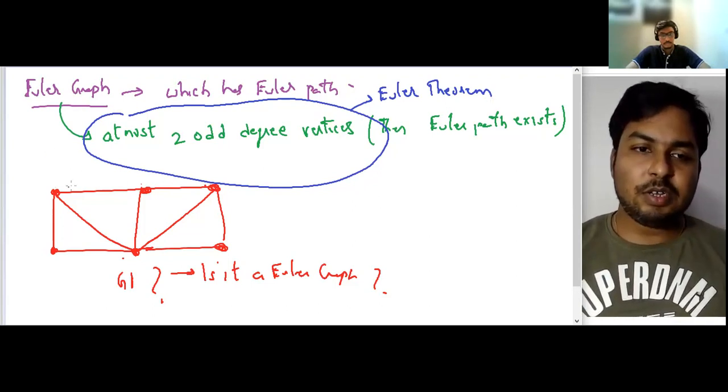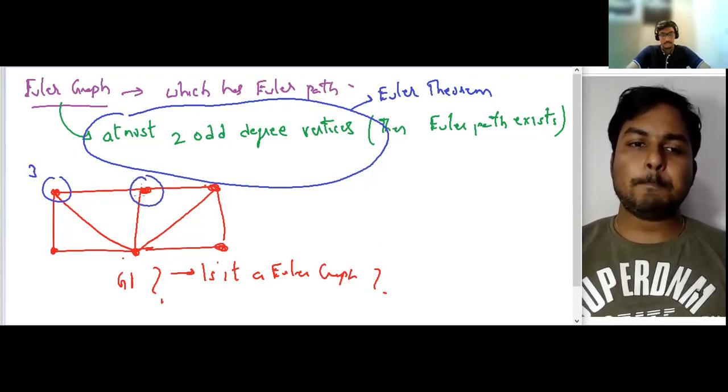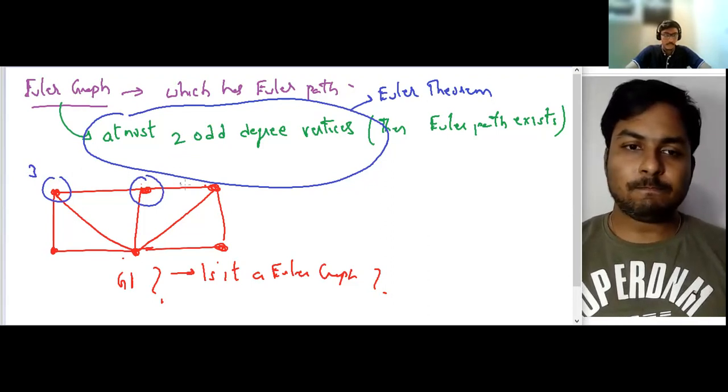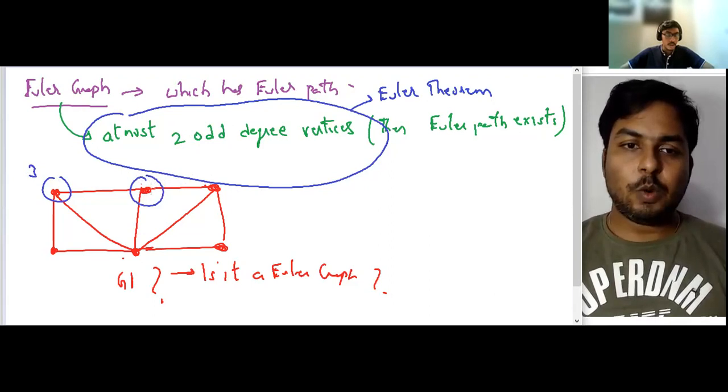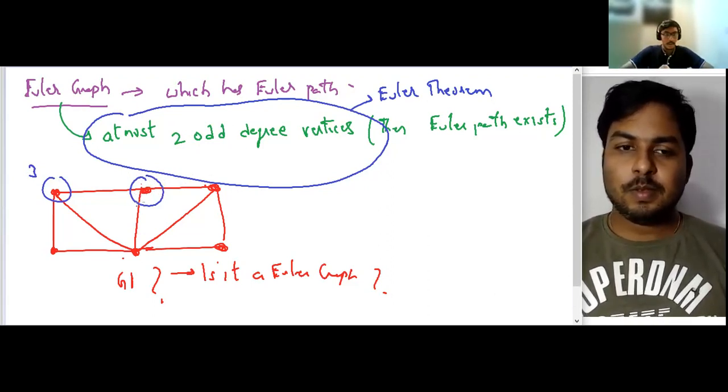So let me find out the degree of each vertex. The degree of this vertex is 3. What's the degree of this vertex? 3. What's the degree of this vertex? 3.